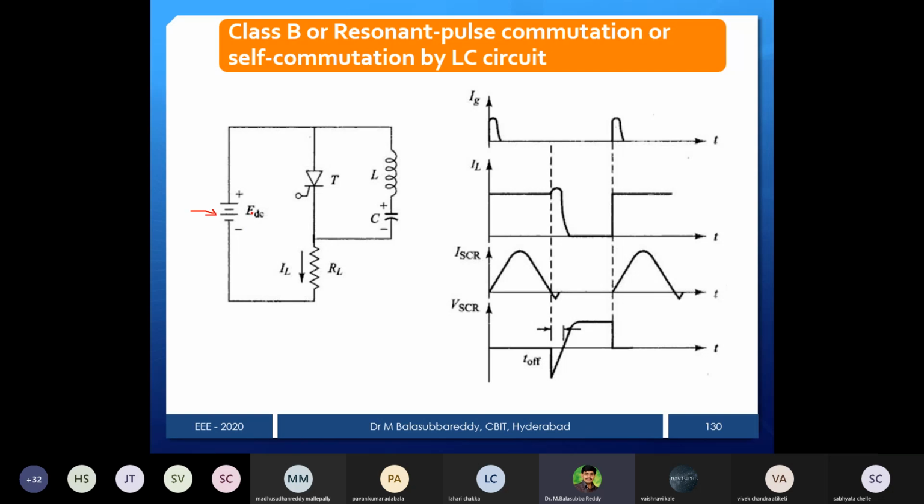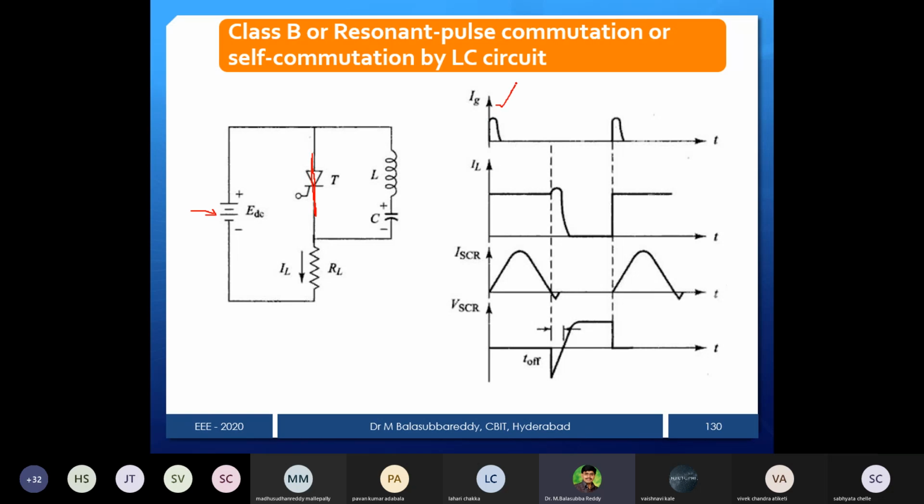So the capacitor is charged. After that, whenever you want to turn on the thyristor, you just give the firing pulse to the thyristor. Once the thyristor is turned on, what will happen? Circuit operation. See that. Once you understand this operation, you can easily draw the waveform.